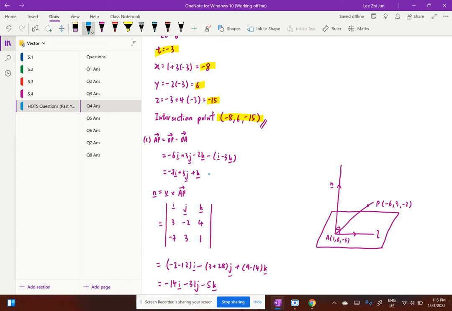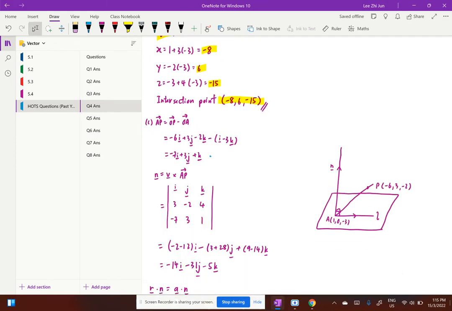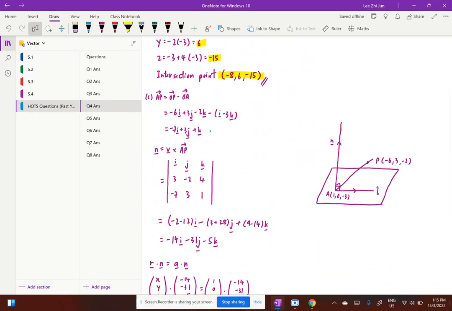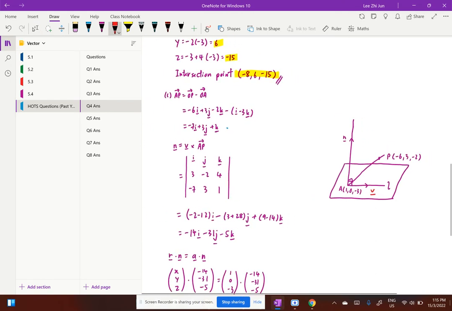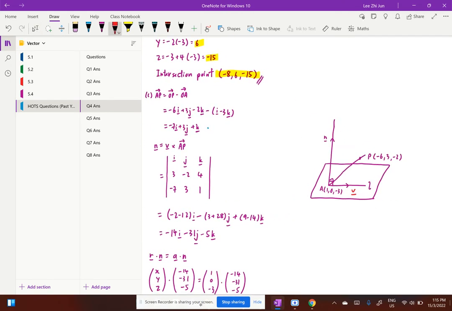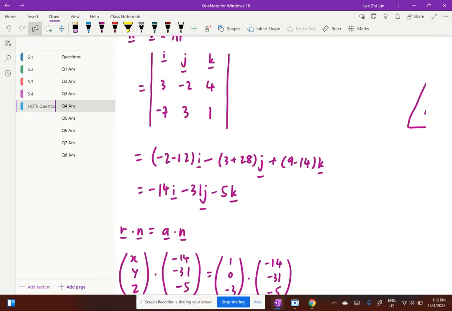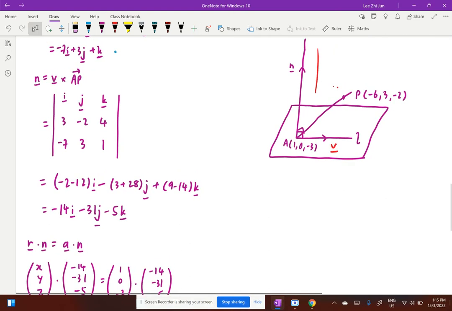And I need to find the normal. The normal will be V times AP, where V is the direction vector of the line. Using the matrix form, I will get negative 14i minus 31j minus 5k.